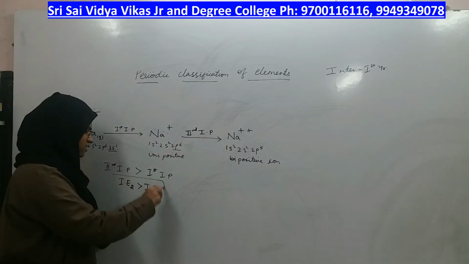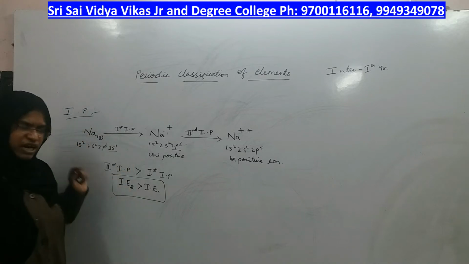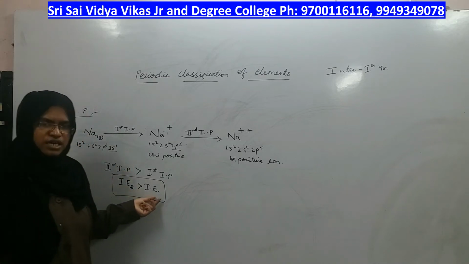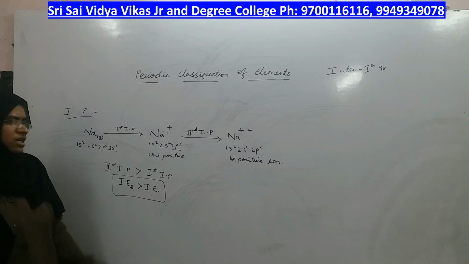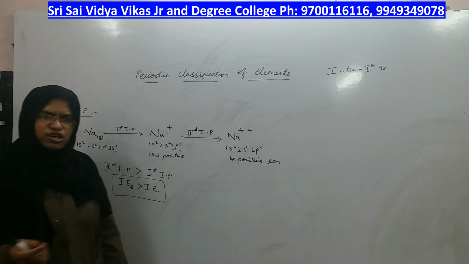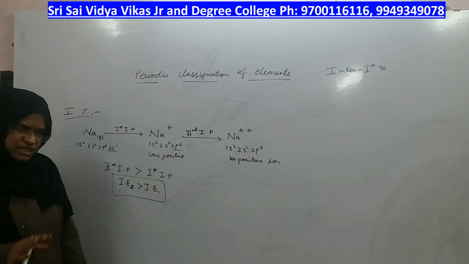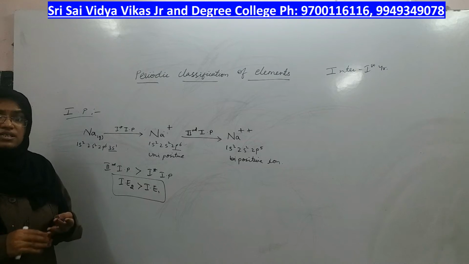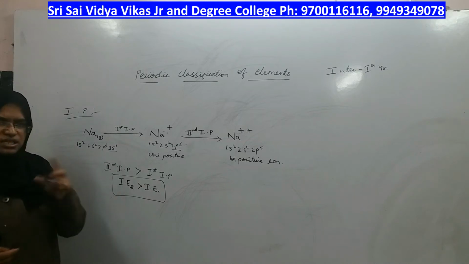You have to justify this statement: why is the second ionization energy higher than the first ionization energy? I have taken an example of sodium, but for any neutral atom you take, removal of an electron the first time is easier than the second time. Reasons can be anything. Here the reasons are two.